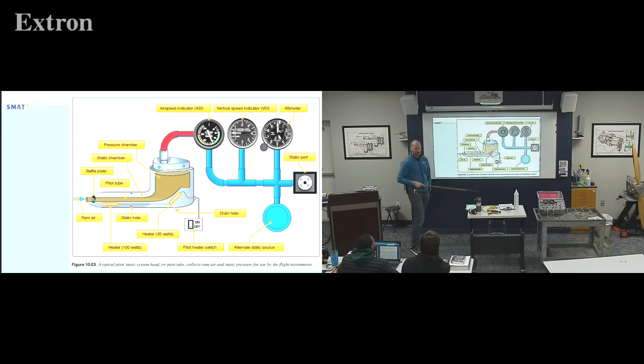The rest of our static system, a lot of times we use the word pitot-static system. Well, our pitot system is just that ram air. They put it in red here, the red pressure. Our static system is typically drawn from a port on the side of the aircraft somewhere. And the static system is just giving our instruments, hey, what pressure air are we in at the moment?